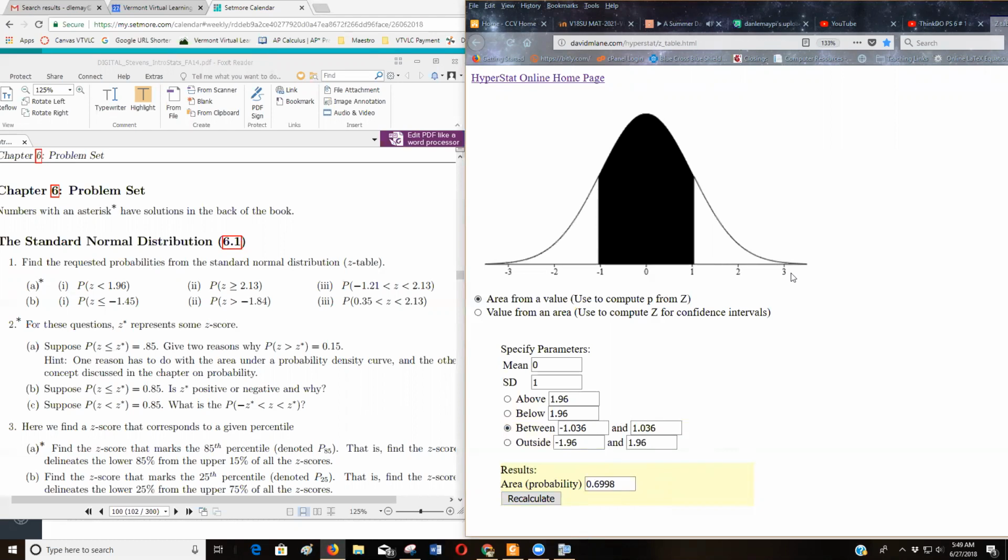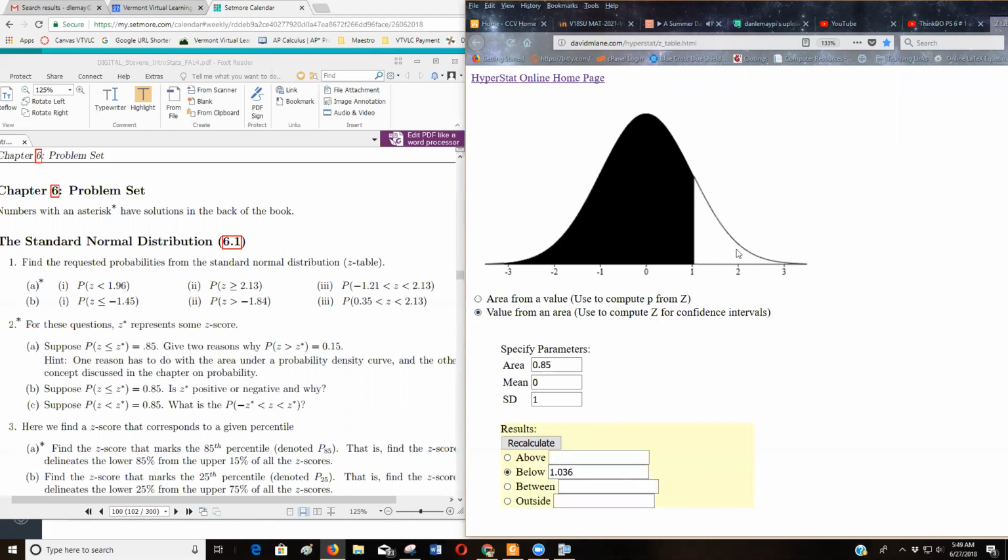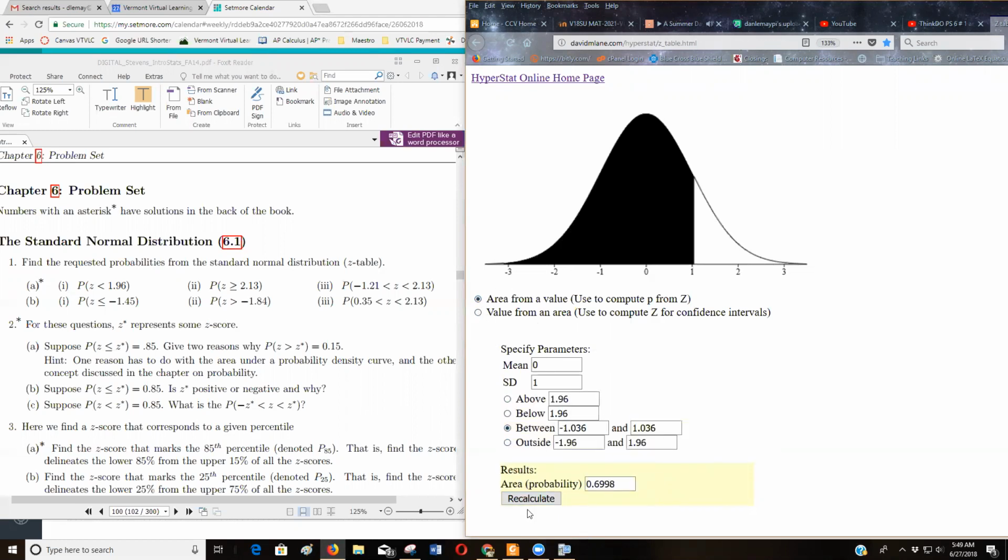Well, remember back when we were doing the 85%, the 0.85, that's 15% in the upper tail, because 100 minus 85. Now we're going to put that same tail off to the left. Here we go, recalculate. If that's 15% here, I think I can get a pointer going rather than just using my mouse.